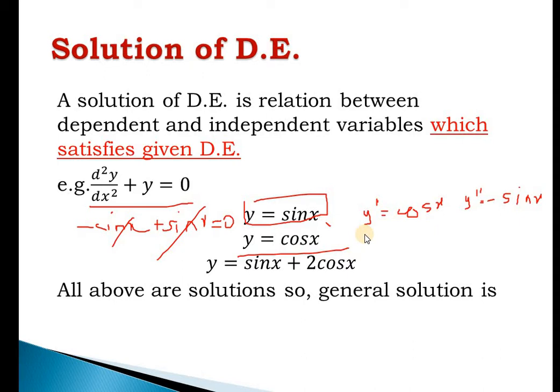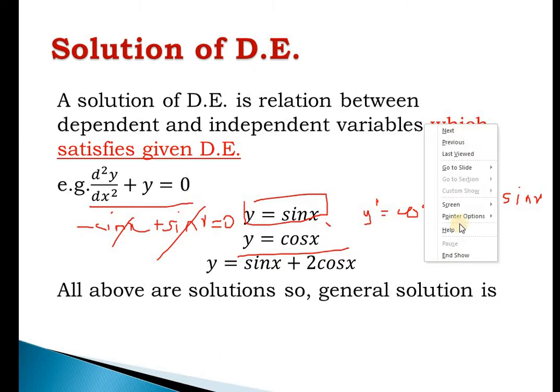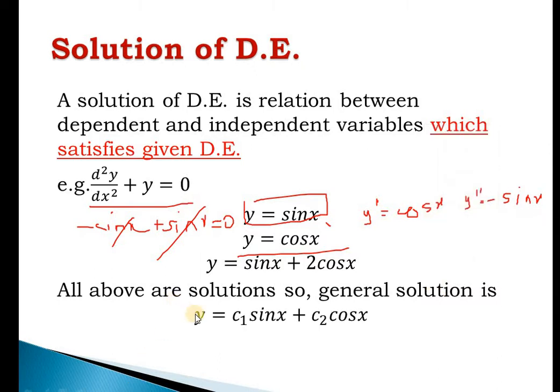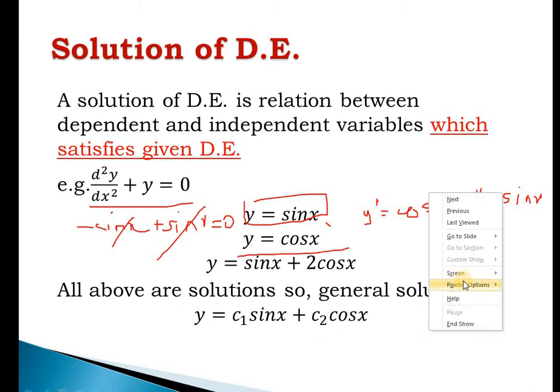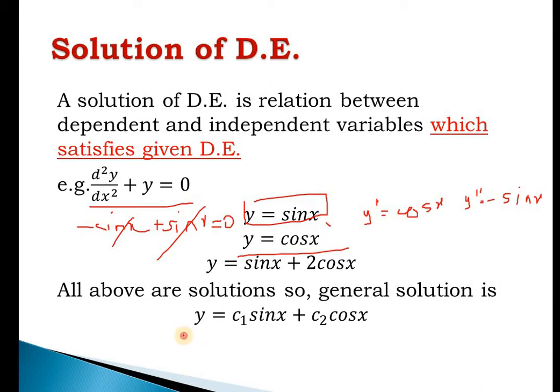So how many solutions, or what is the solution? There is one general solution. The general solution is given by y is equal to c1 into sin x plus c2 into cos x. And I get all these solutions if I give particular values to these arbitrary constants. Here c1, c2 are arbitrary constants.